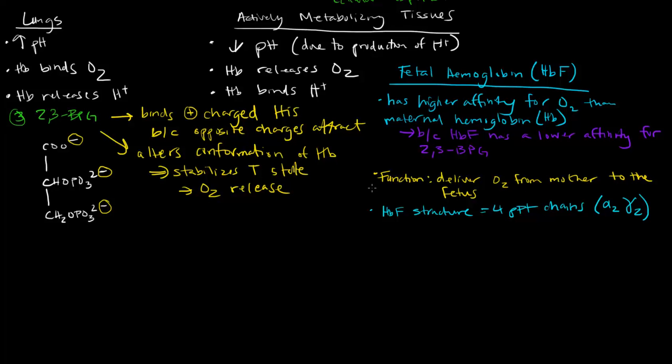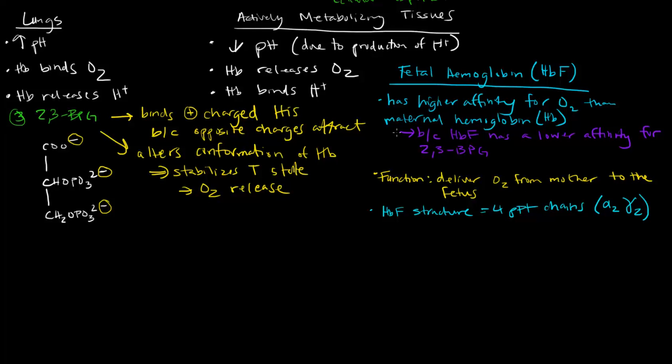So it binds 2,3-BPG more weakly. How does that work? What is the difference there? We said that 2,3-BPG is an inhibitor of hemoglobin function, right? If you're binding less 2,3-BPG, that means you're inhibited less.